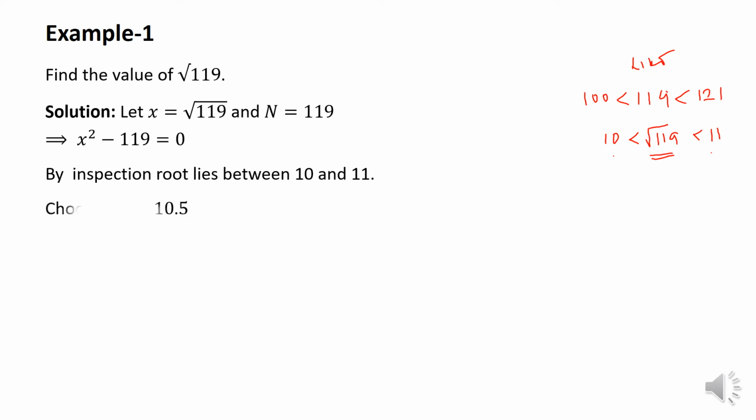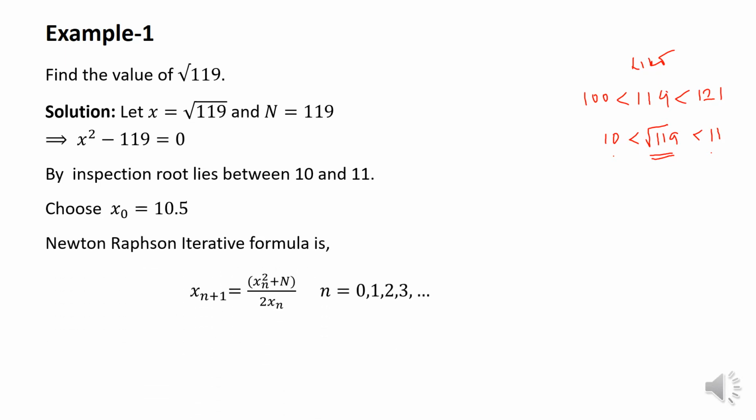Choose x0 equal to 10.5. Newton-Raphson iterative formula to find the square root of a positive real number is x(n+1) equal to (xn square plus n) divided by 2xn, where n ranges from 0, 1, 2, 3 and so on.